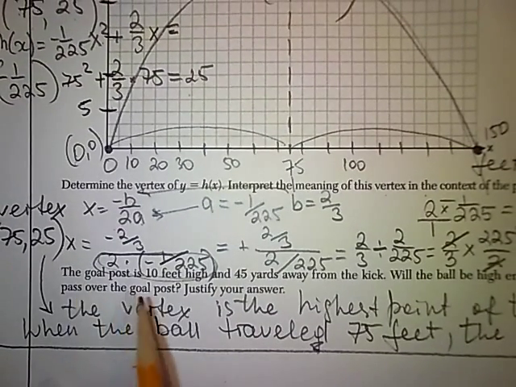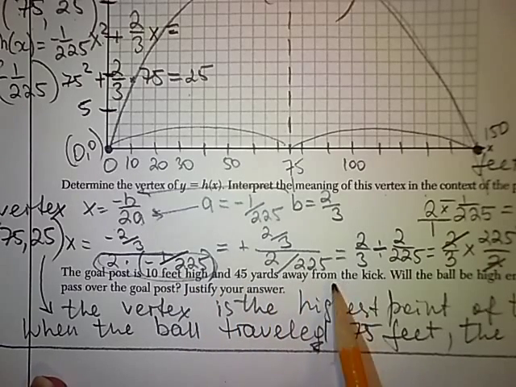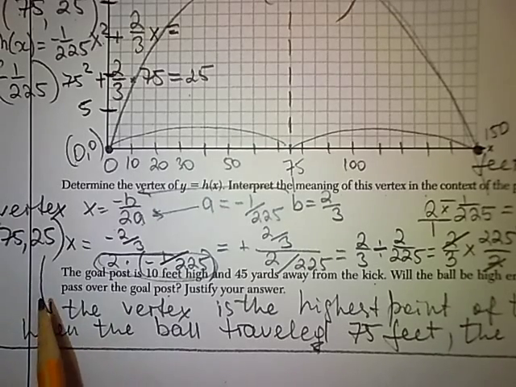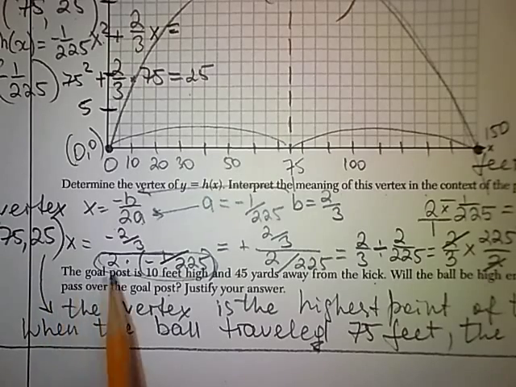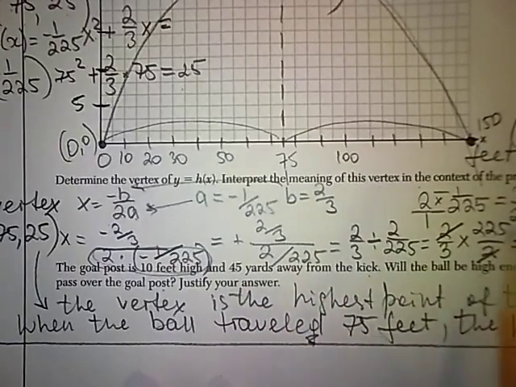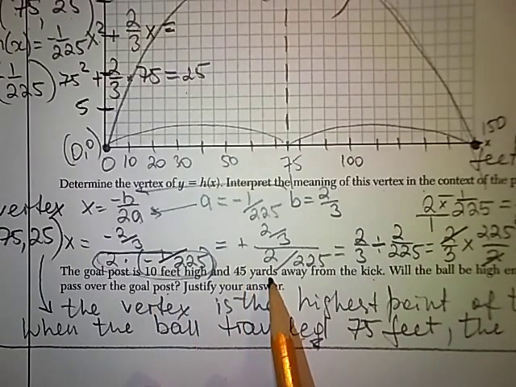The goalpost is 10 feet high and 45 yards away from the kick. Will the ball be high enough to pass over the goalpost? Justify your answer. So the goalpost is 10 feet high and 45 yards away. So now we jump to yards; before we were dealing with feet.